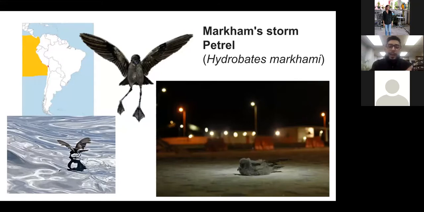And in that trajectory from the open ocean to their breeding area, they come across light pollution, which is really affecting them. It's becoming a great problem, for example, in Chile.